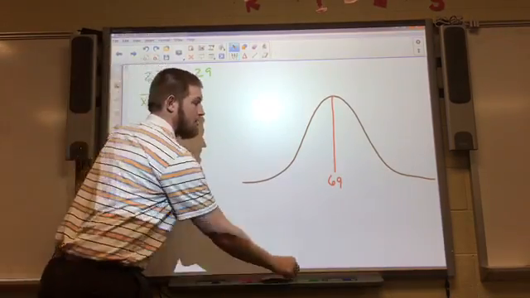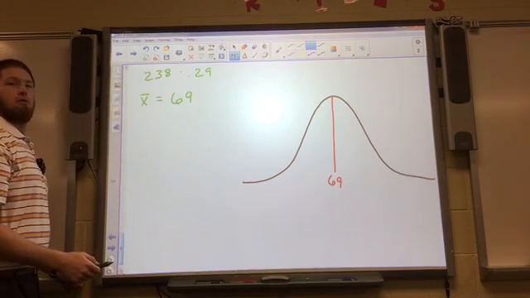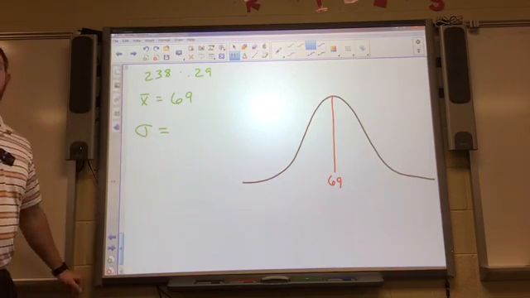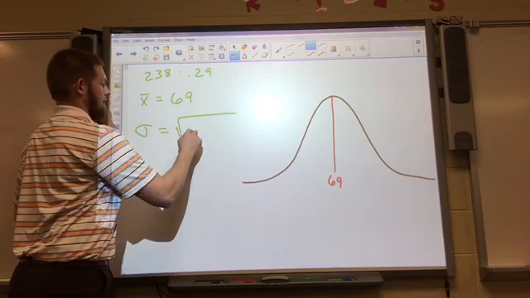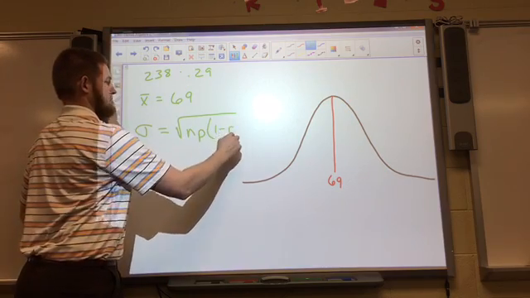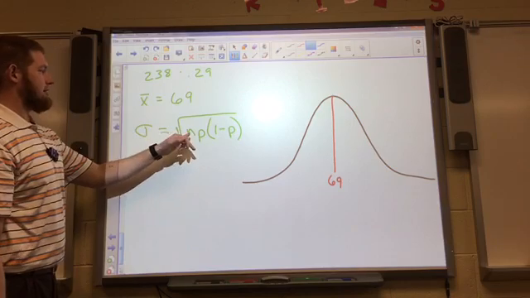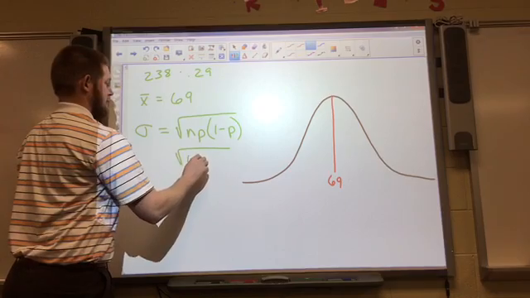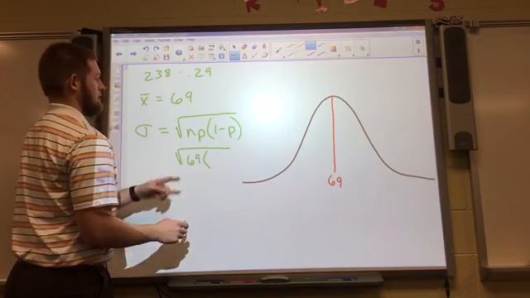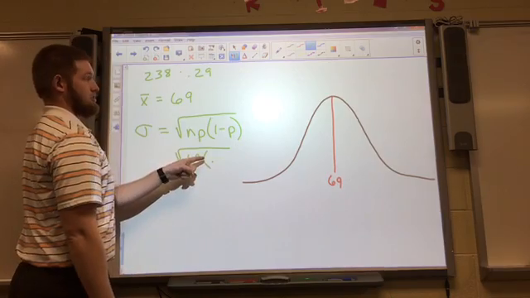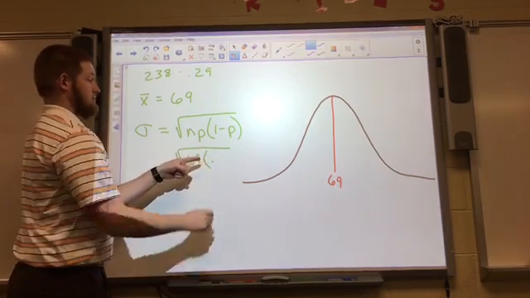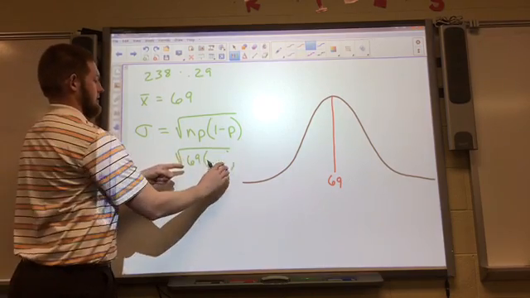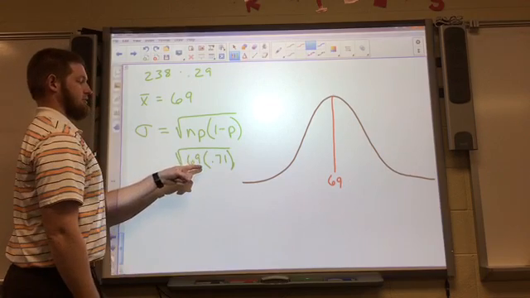Now I have to find my what? Okay, I have to find sigma, or my standard deviation, which I know is the square root of n times p times 1 minus p, correct? Well, I already did n times p, so I have 69 times, which is 0.7, sorry, yes, 0.71.